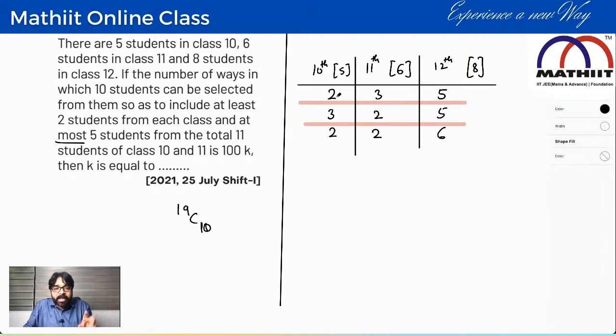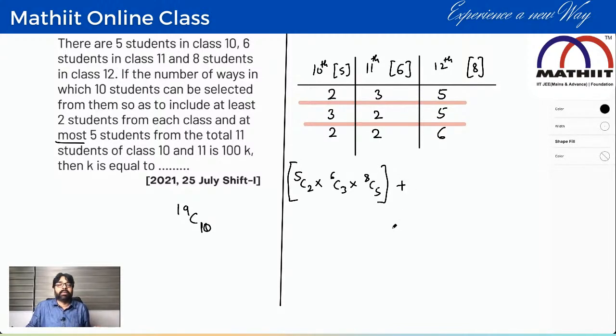And how will you say this? Select 2 students, select 3 students, and select 5 students. So 2 students from here, 5C2, into 3 students from here, 6C3, and 5 students from here, 8C5. This is one way of selection.